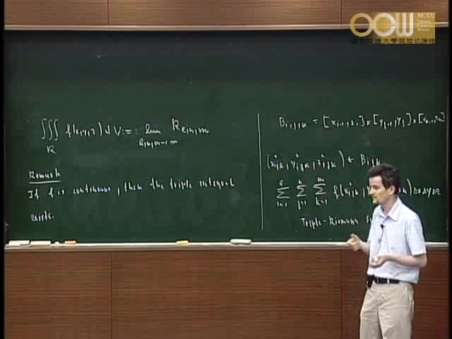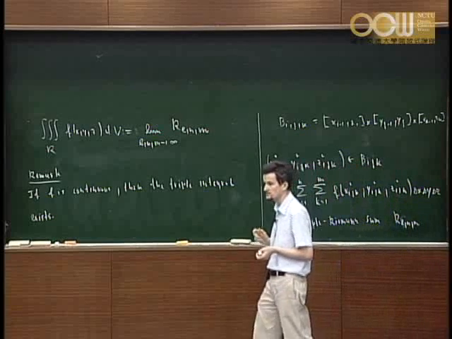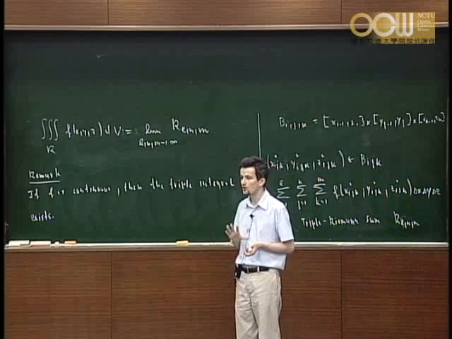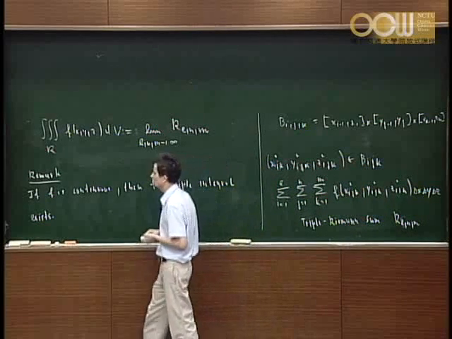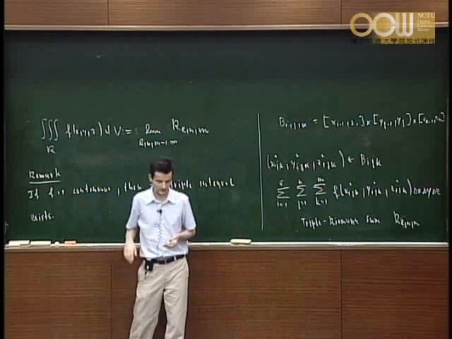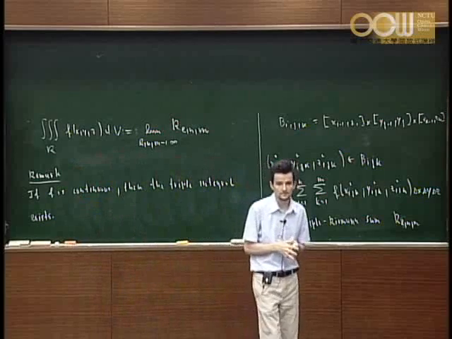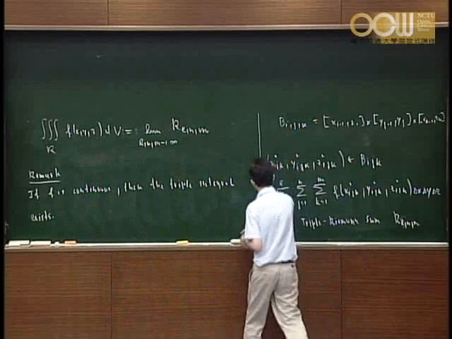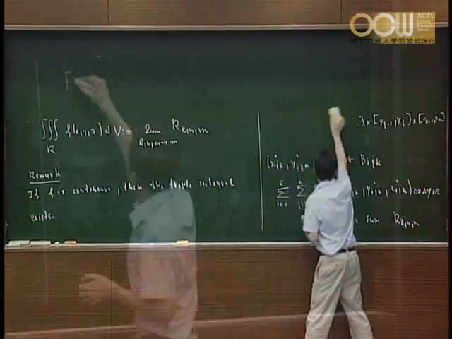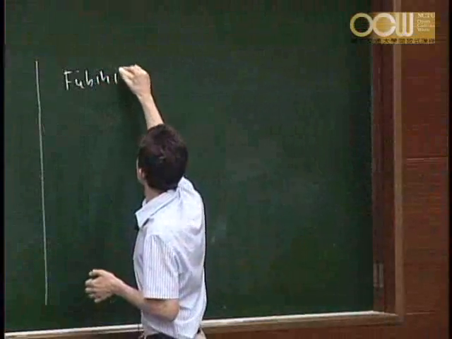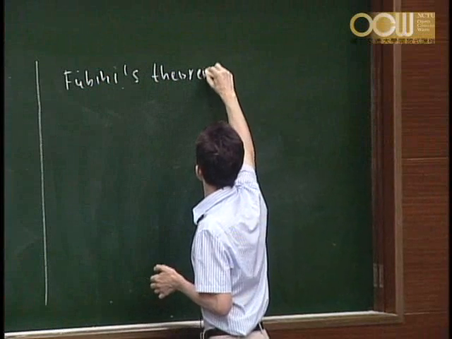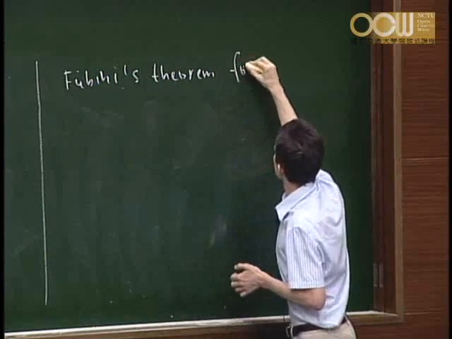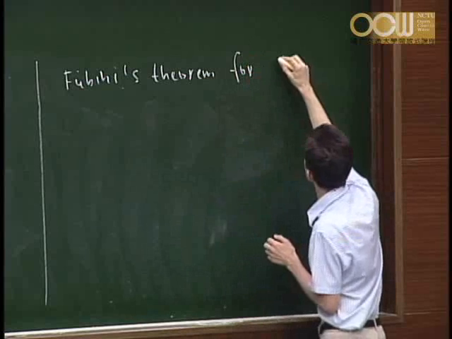No matter which order of the iterated integral you choose, if f is continuous, you will always get the same result, and this result is also equal to the triple integral. So this is Fubini's theorem for triple integrals.